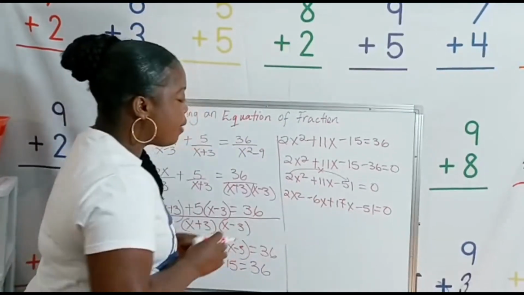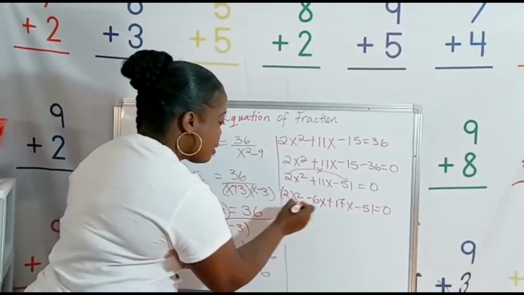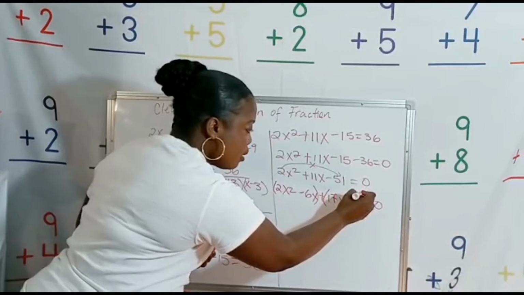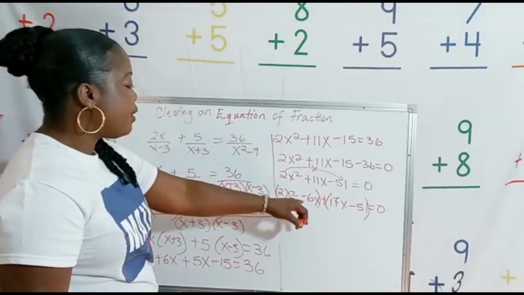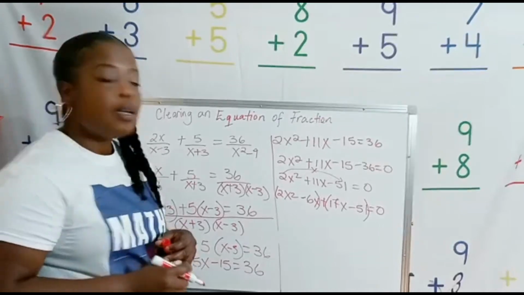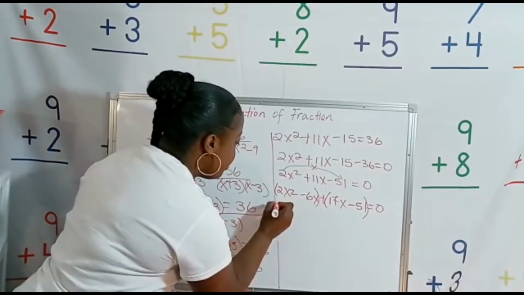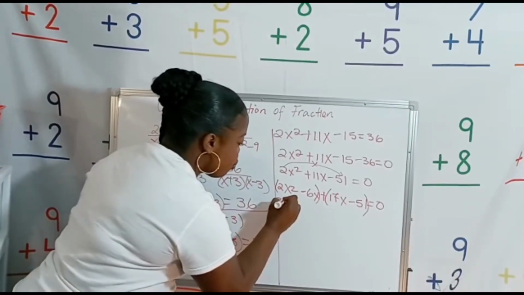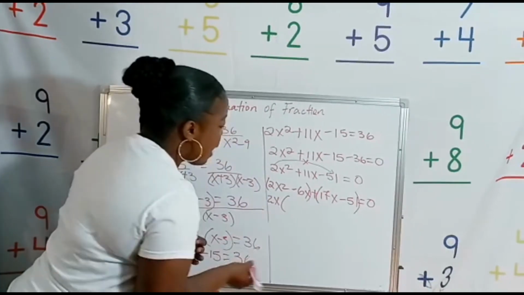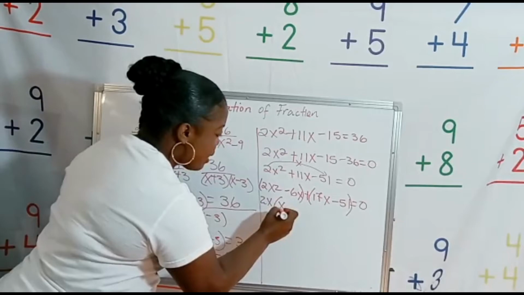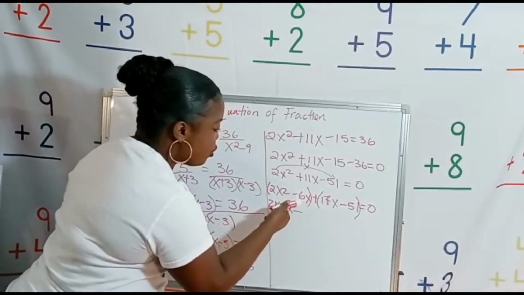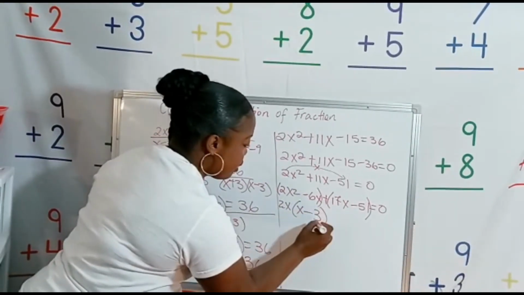So now we can factor by separating into 2 terms using parentheses. Here we have 2x squared minus 6x. I'm going to pull out the common factor, which in this case is 2x. I end up with 2x into 2x squared leaves x, minus 2x into 6x leaves 3.